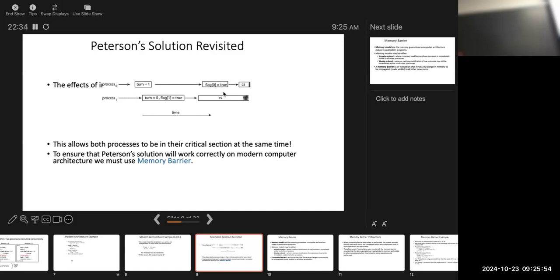Let's say it is now in the critical section and then it is interrupted, and process 0 is executing. Process 0 sets its flag 0 equal to true, and the final value of turn was equal to 0, because turn is set equal to 0 by process 1 after process 0. So the while statement for process 0 also becomes false as a whole. The loop breaks and it also enters the critical section. So both are in the critical section at the same time, which is not what we want, right?